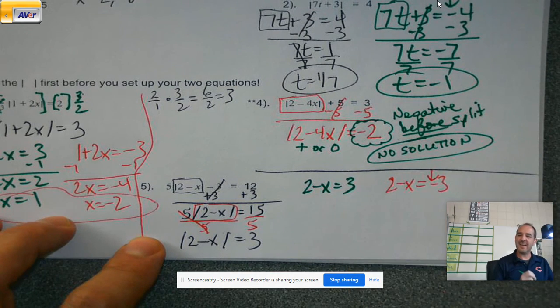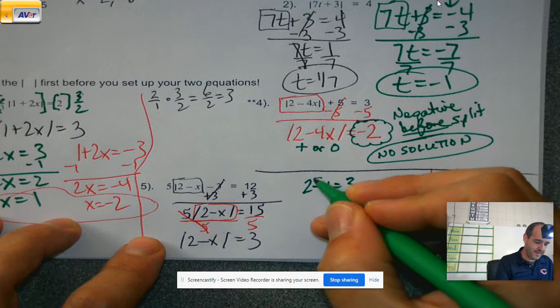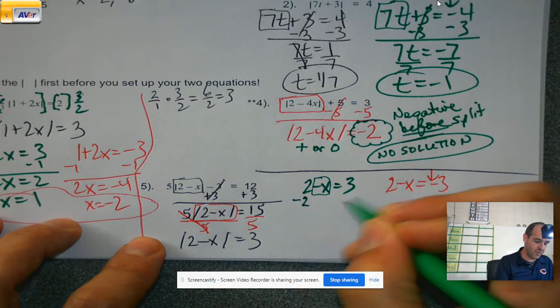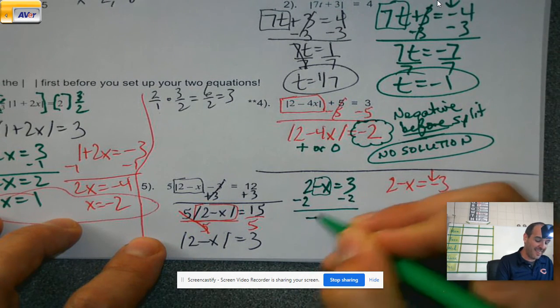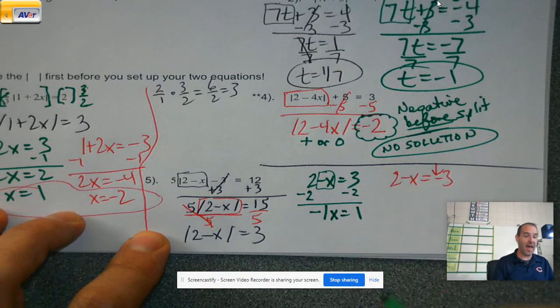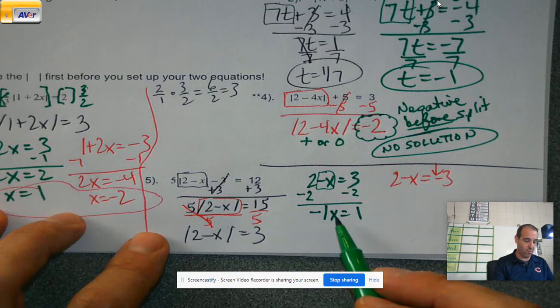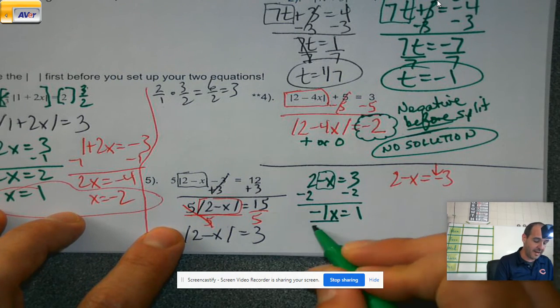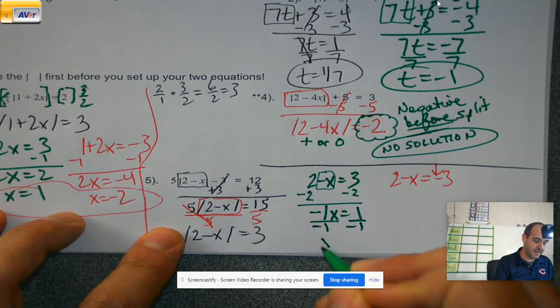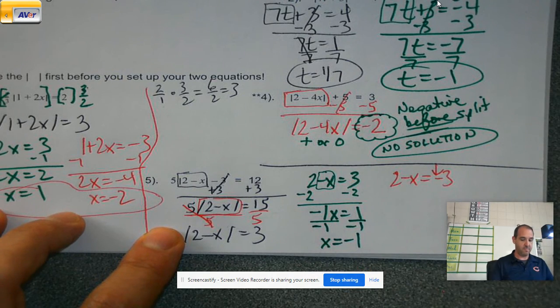And now, again, it's a small detail that we're watching out for here. Because now, that's a positive 2, so I'm going to minus it out. That is a negative x. That isn't just x. I'm not done. And I'm not subtracting 1 from x. I'm multiplying it, which means the opposite is to divide.